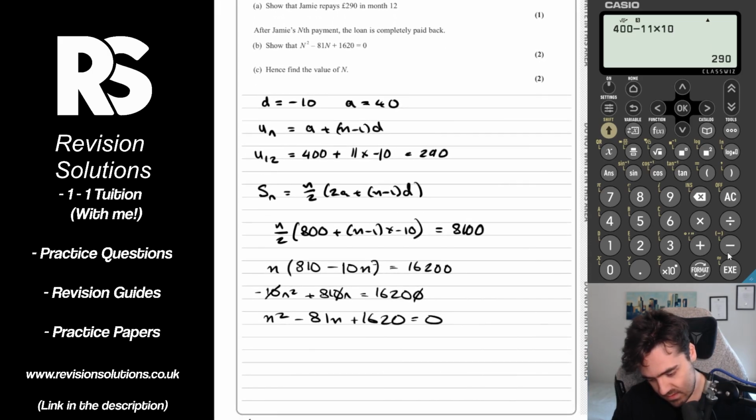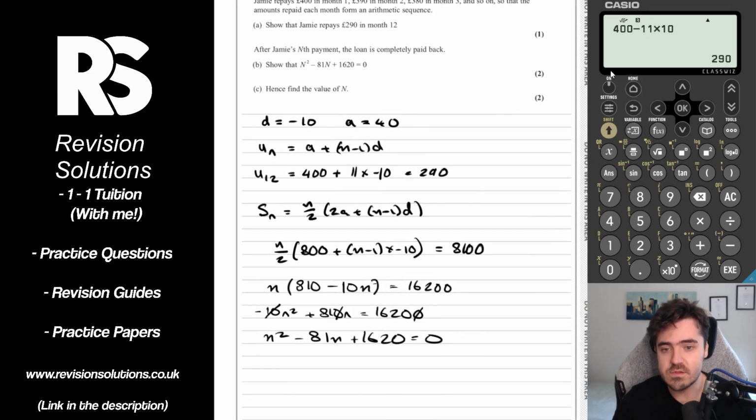Okay, then it says just hence find the value of n. Honestly, I would just use my quadratic formula solver on my calculator when the coefficients are that big.